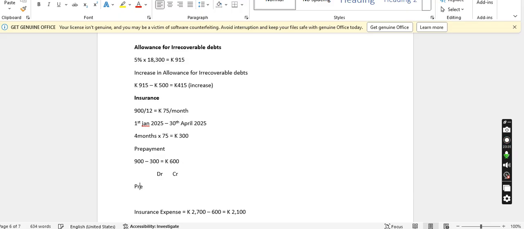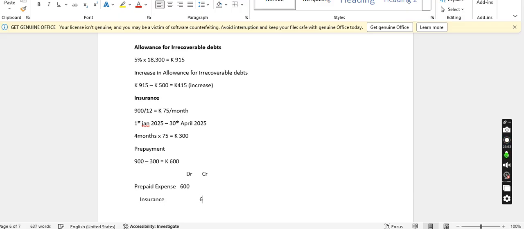You debit the prepaid expense, because the prepaid expense is a current asset. So you debit 600 kwacha. This debit entry is telling you that in the balance sheet you recognize this as a current asset. Then you credit insurance expense.